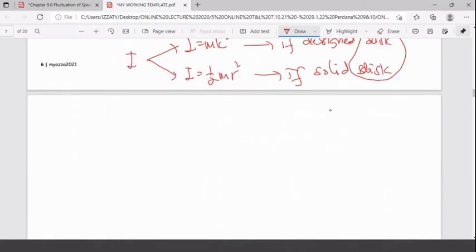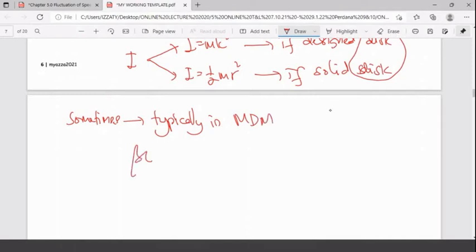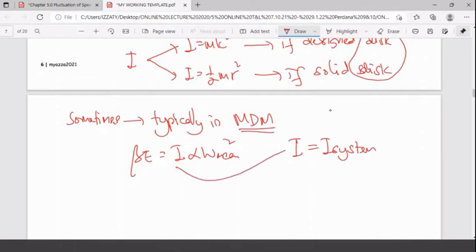Look at here. Typically in a motor drive machine you have beta E equal to I alpha omega mean squared. So this I is equal to I system.